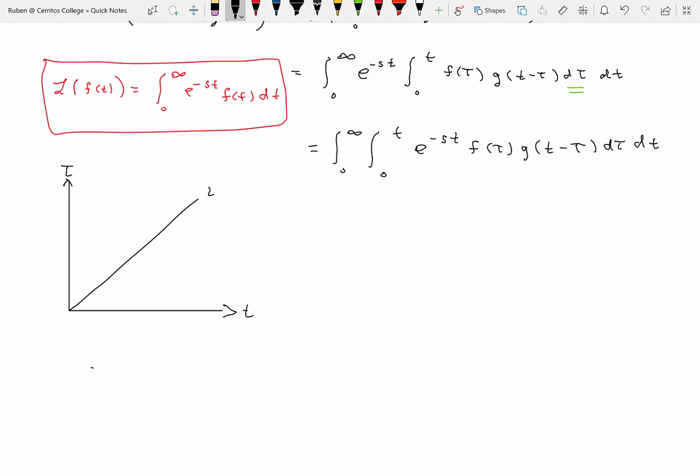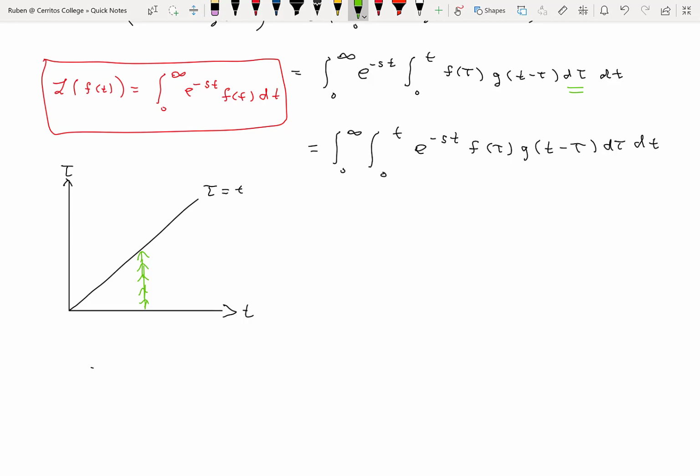So this is t for y, equals tau for x. So tau in the first integration is varying, with a green line to show the direction in which we're integrating, from tau equals 0, which is the t-axis, to tau equals t.